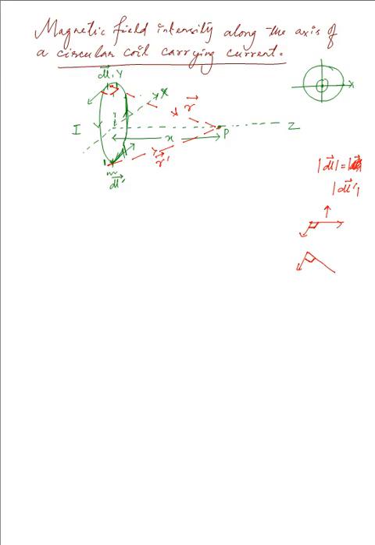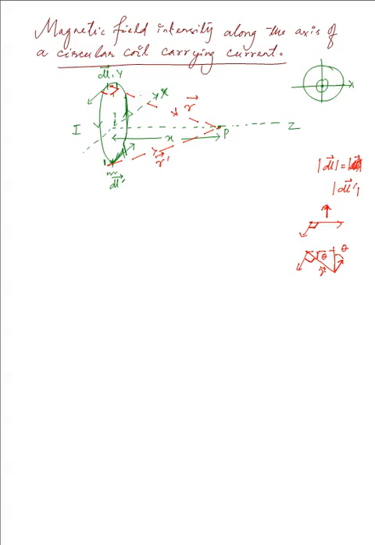So this vector, which would have been completely normal, would be tilted by the same angle theta from which this r vector is tilted. So you will get the product along this direction, which is going to make an angle of theta from the vertical.